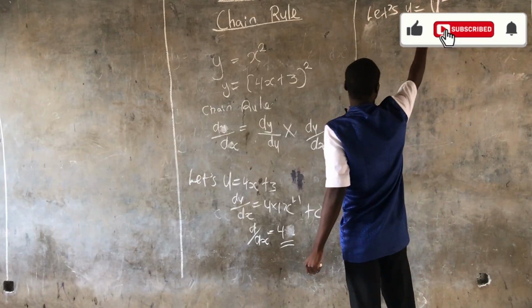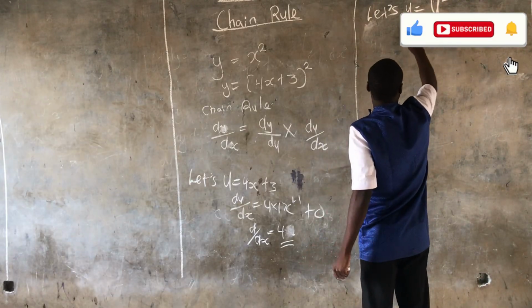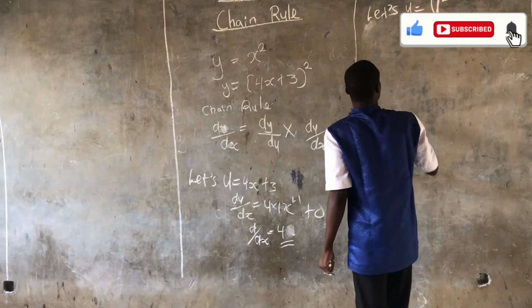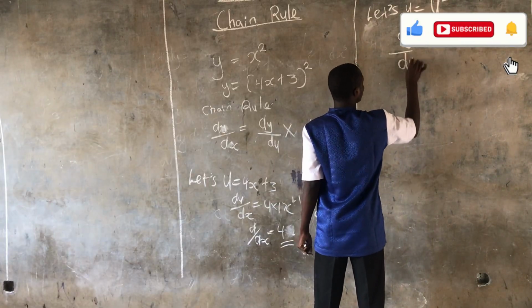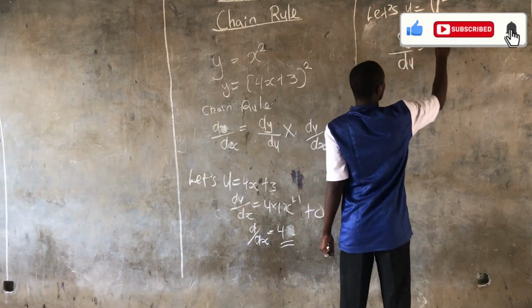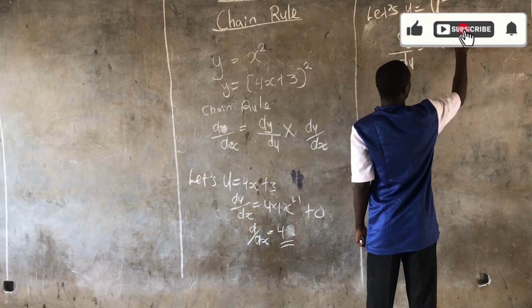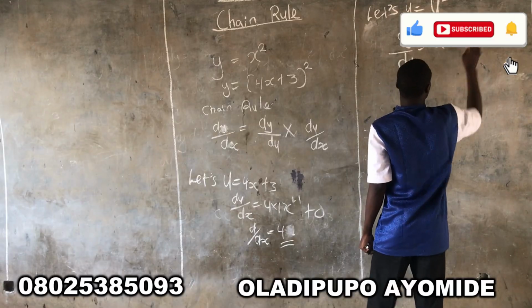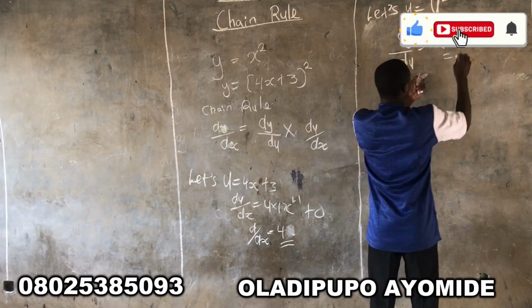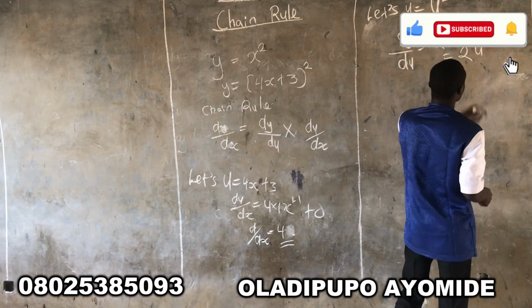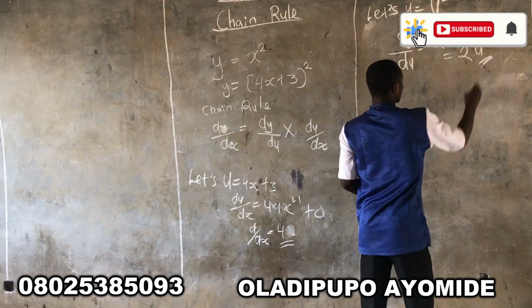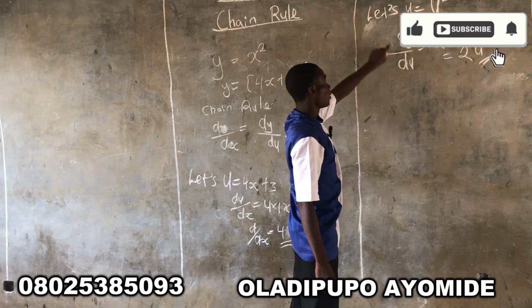So if I differentiate y with respect to u, dy over du is equal to 2 times u raised to power 2 minus 1, which is 2u. 2 minus 1 is 1. So this is our dy over du.